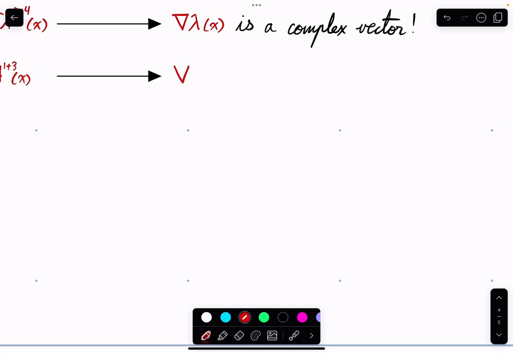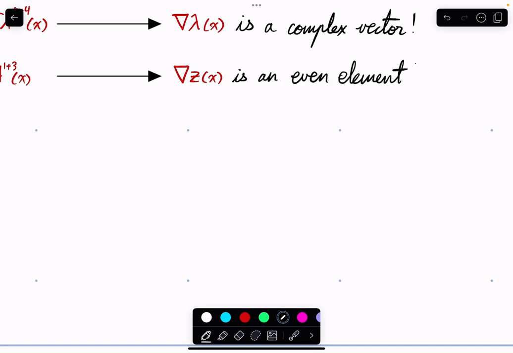Then the gradient of this complex vector field rather, is an even element. Meaning that the gradient of this field right here is equal to a scalar plus a bivector plus a pseudoscalar. If this is normalized, then that means that the gradient would produce a rotor.